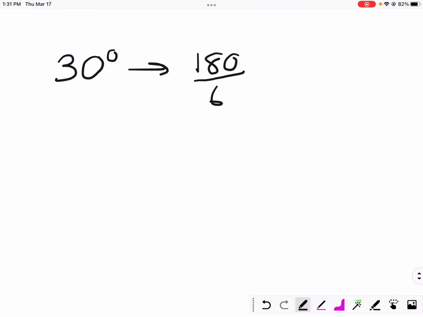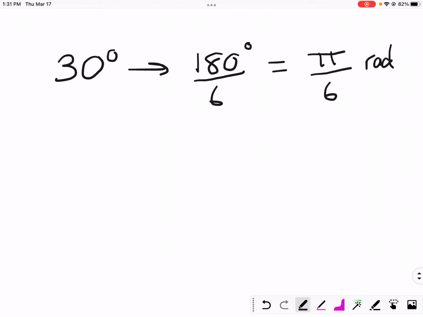Now, let's say that we're doing what I'm going to call nice angles, like 30 degrees. Well, 30 degrees is 180 divided by 6. Well, 180 degrees is pi radians, so 30 is 1/6 of 180, or 1/6 of pi radians.